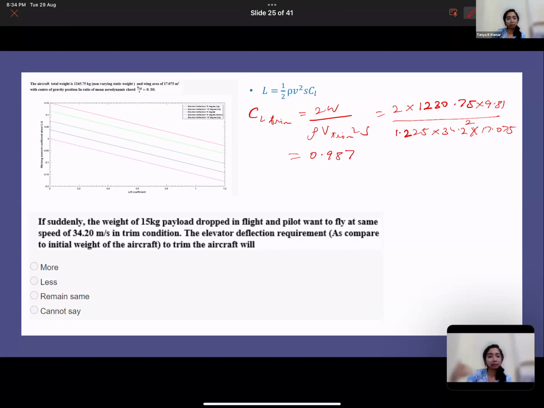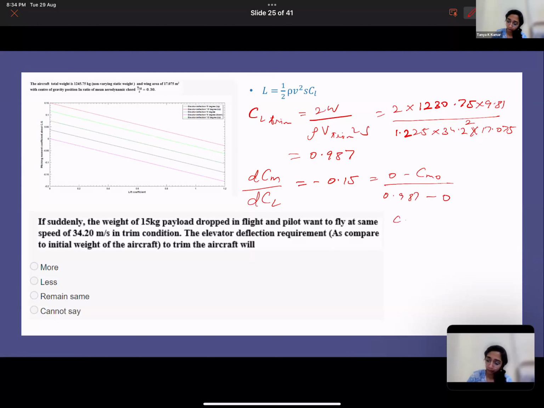Similar process to the previous case, I take DCM upon DCL. This value we already know is 0.15 minus 0.15. So again, I take at trim and at CM naught. So 0 minus CM naught. Lift at trim is CL trim, which is your 0.987 minus 0.